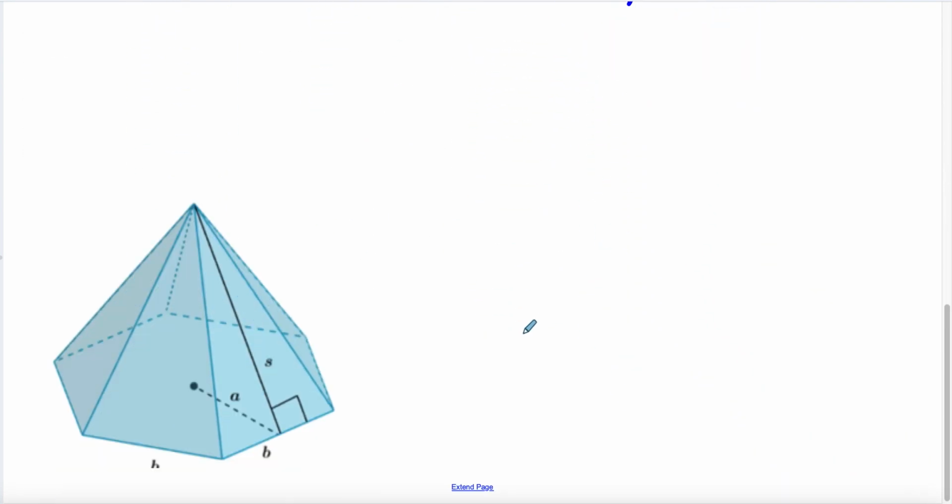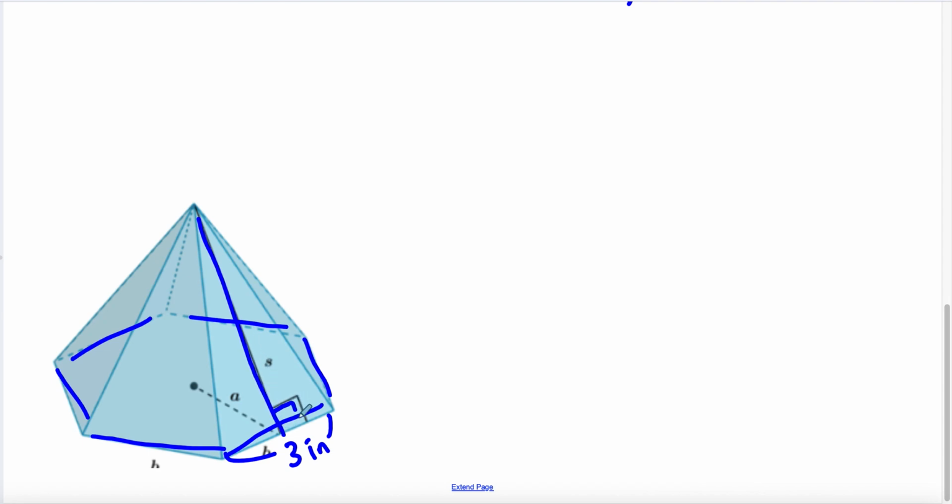So I'm going to give you another example here. It's a hexagonal pyramid. Especially this is a regular hexagonal pyramid, so all the sides of the hexagon have the same length. Let's suppose each side of this hexagon is 3 inches, and the length here with a 90-degree angle is 7 inches.